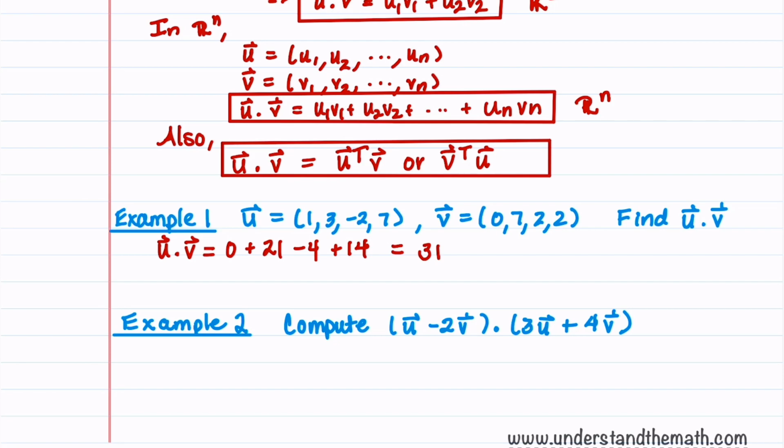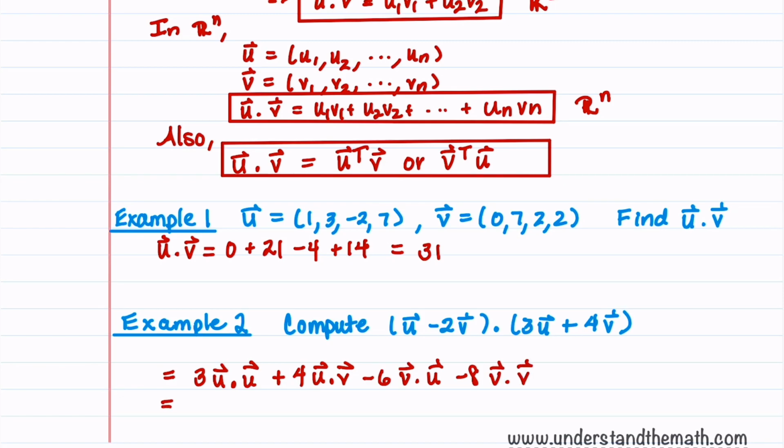In our second example, we're asked to compute the dot product of two different expressions that have vectors in them. This is going to equal 3 u dot u plus 4 u dot v minus 6 v dot u, and then lastly minus 8 v dot v.